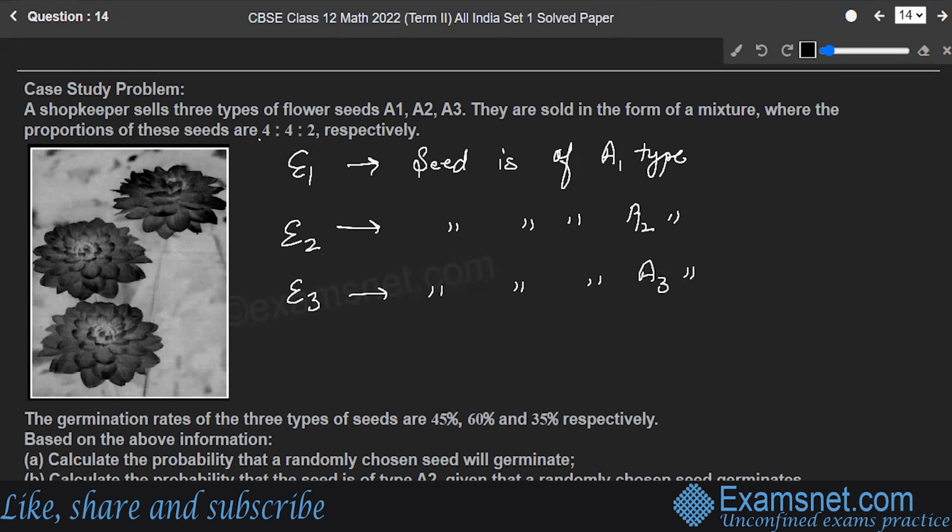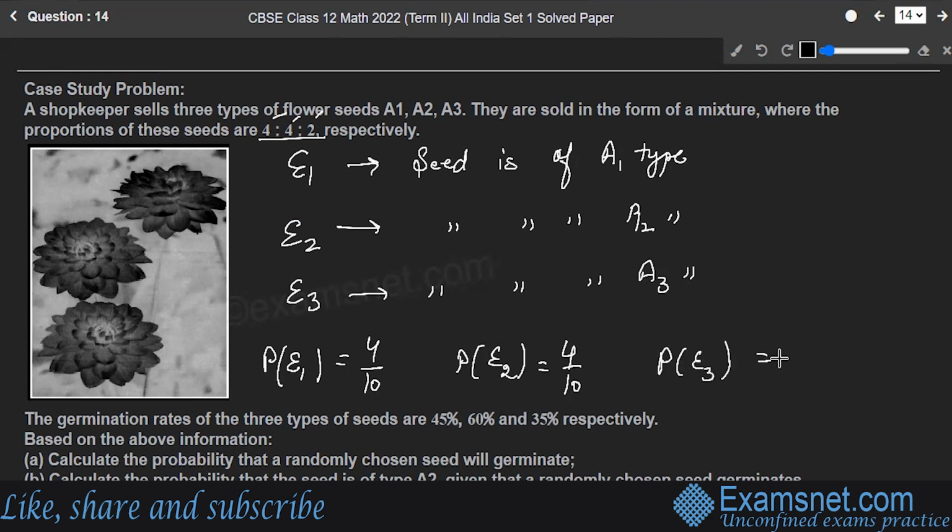Now, according to this, the probability of withdrawing an A1 type seed is 4 upon 4 plus 4 plus 2, that is, 4 by 10. The E2 event is again 4 by 10. The E3 event is 2 by 10. Hope you got that, right?